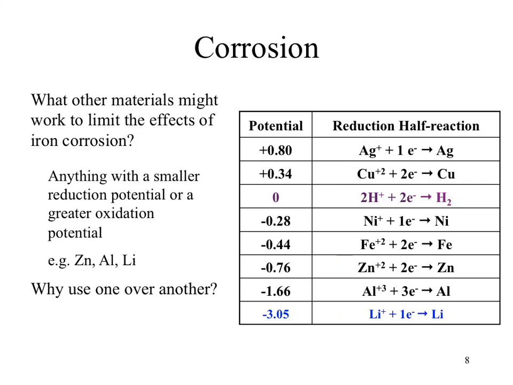But between aluminum and zinc, if we look only at corrosion, or electrochemically speaking, which one of those should be the better protector? The aluminum, because it has a better oxidation potential. When we look only at the electrochemistry. If we start to move outside of the electrochemistry into physical properties, that's when our opinions start to change.